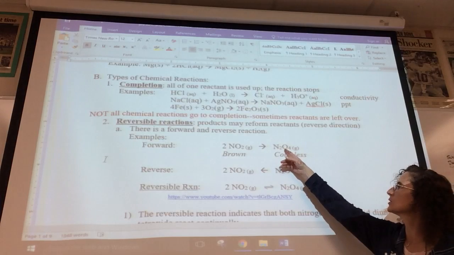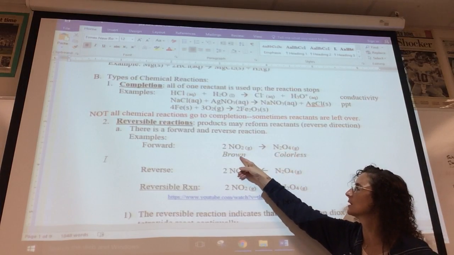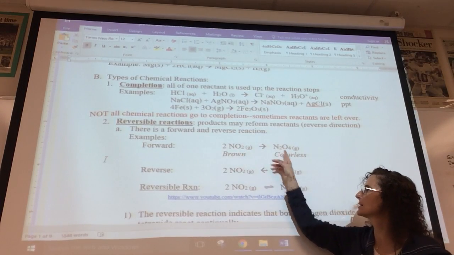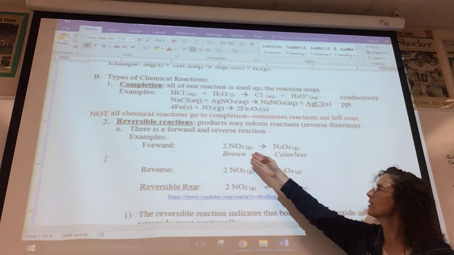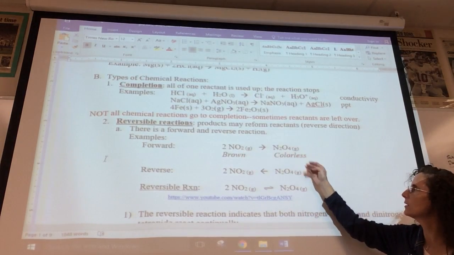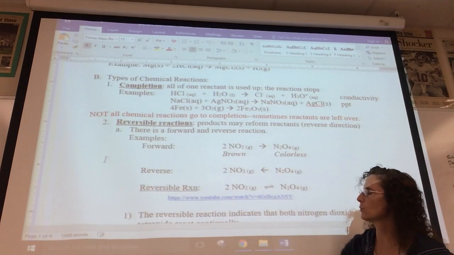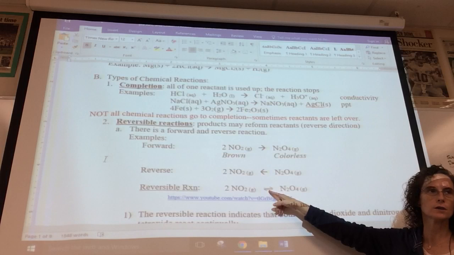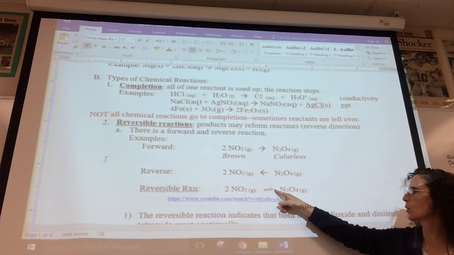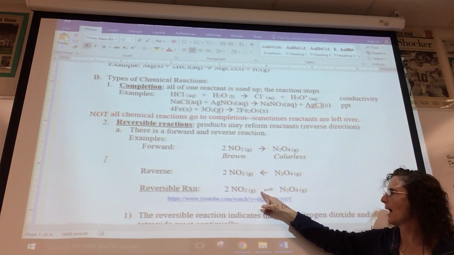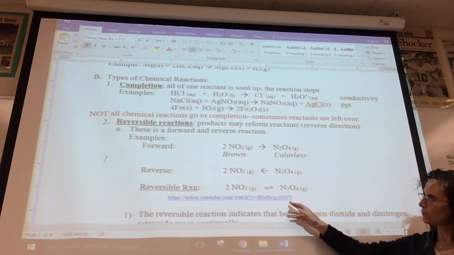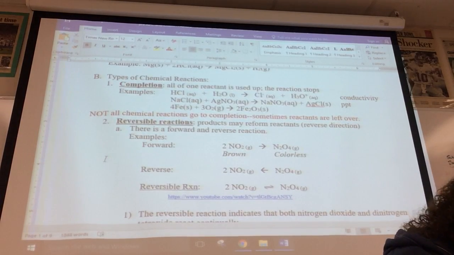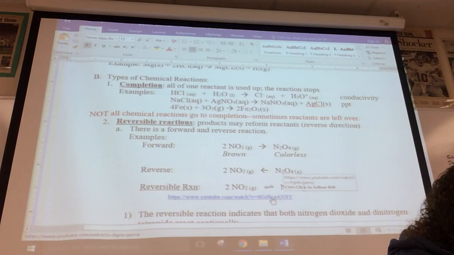So when it's colorless, you've generated this, and then you'll see it'll turn brown, you've generated this, etc. So rather than writing the reaction forward and writing the reaction in reverse, we simply do this, where you have a reversible reaction. It goes both in the forward and the reverse direction. And we can take a look at this in the following video.